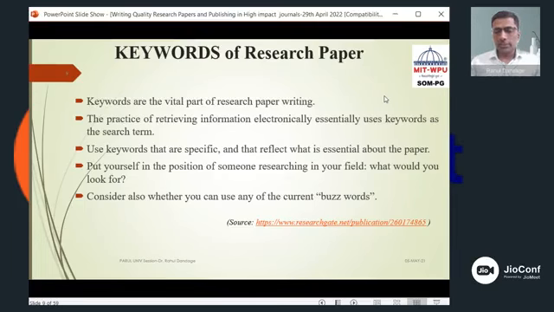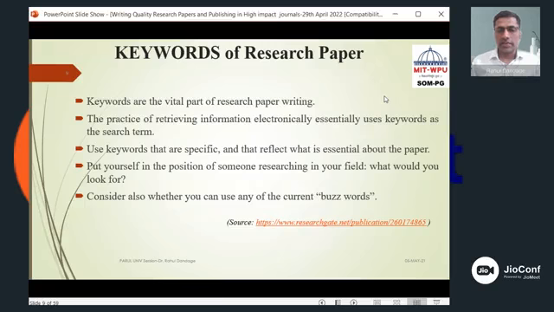So whatever keywords the reviewer has entered as his area of interest, his area of expertise, if those keywords are matching with your research paper keywords, automatically this matching will send your research paper to the appropriate reviewer, so that your paper will reach a reviewer who actually has expertise in that particular domain.